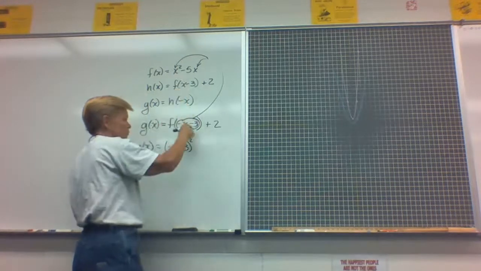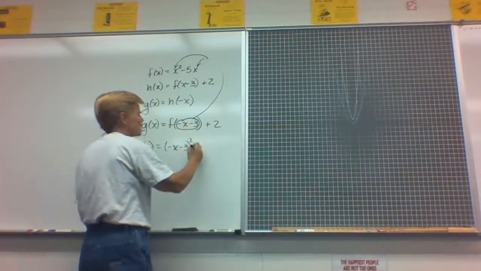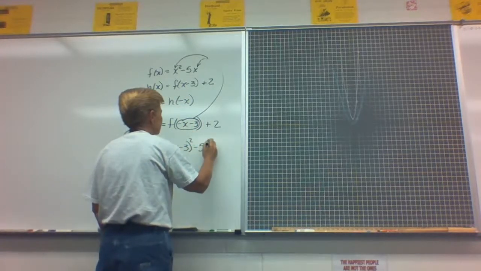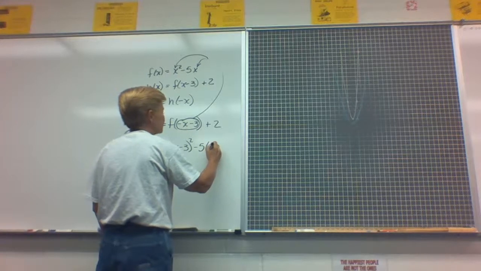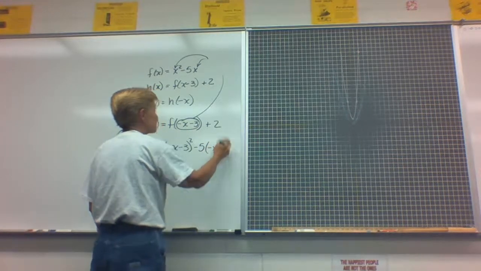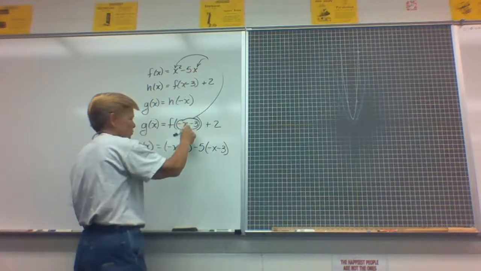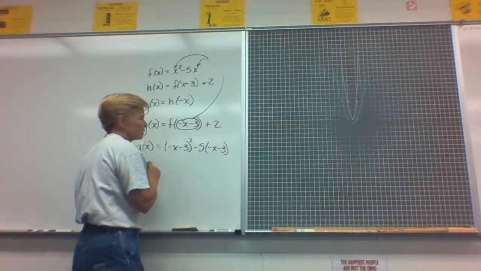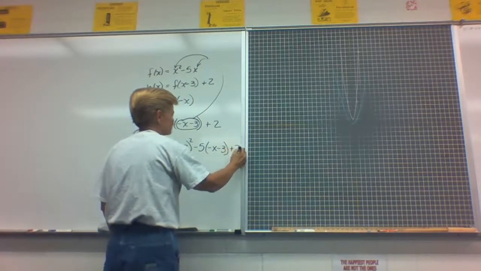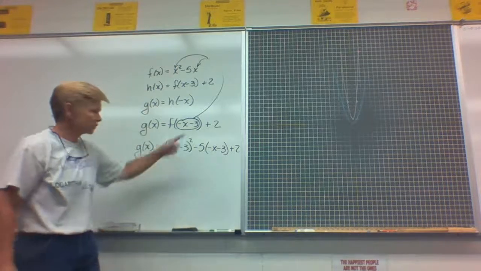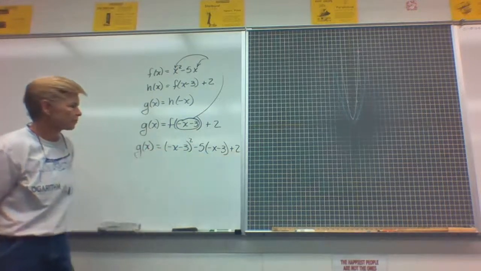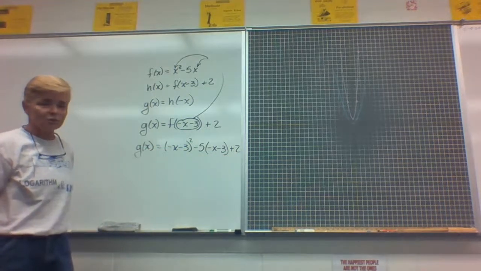That's this part right here. It's replacing this. Minus 5 times negative x minus 3, because this x also gets replaced with what's in this parenthesis. And then plus 2. That just tags along the end there. Now, unfortunately, you cannot leave it this way.